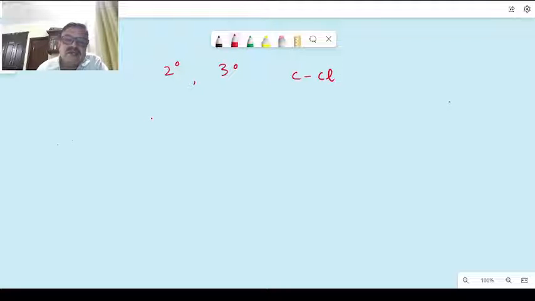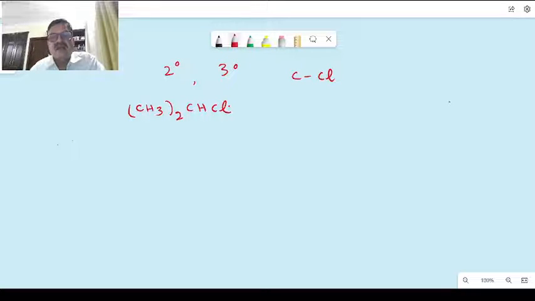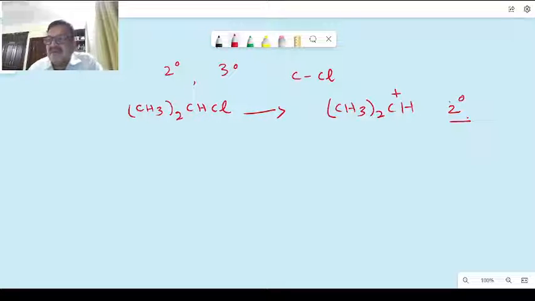So in the case of a compound of this nature, say (CH3)2CHCl, this will give a less stable secondary carbocation. C-Cl bond cleavage will give you (CH3)2CH+. Okay, this is a less stable secondary carbocation, from heterolytic cleavage of the C-Cl bond.